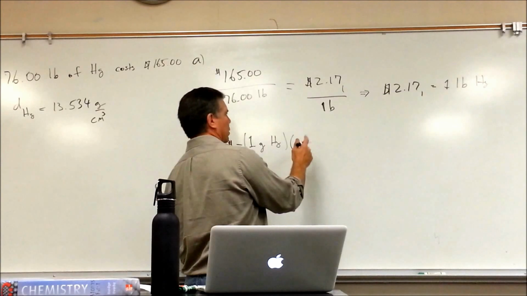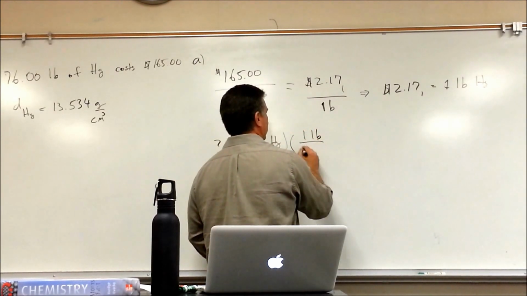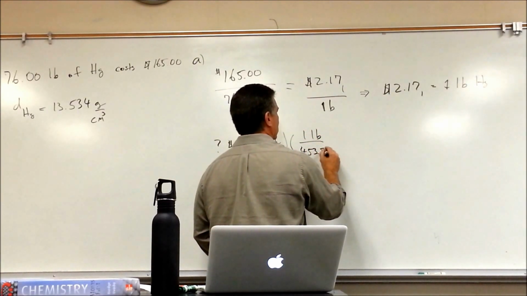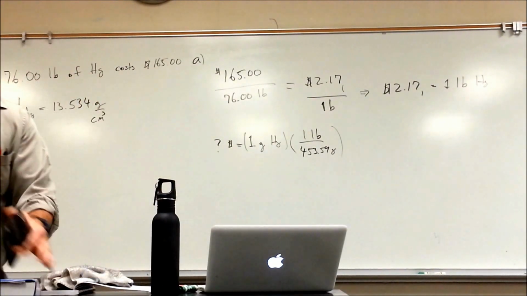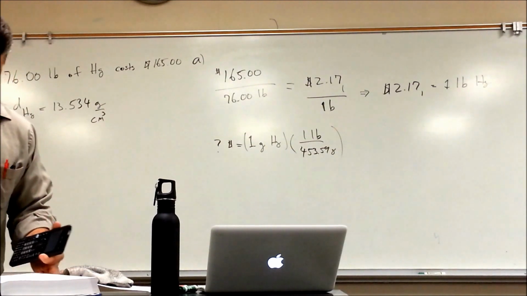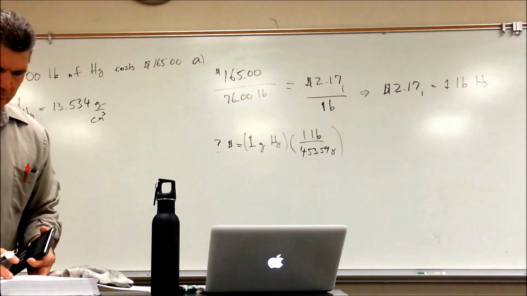So 1 pound is, I think, 453.59 grams. In the front of the book, it has 453.6.